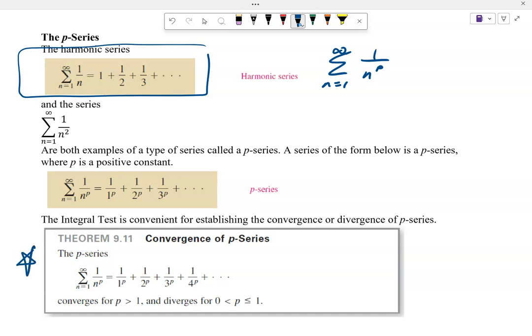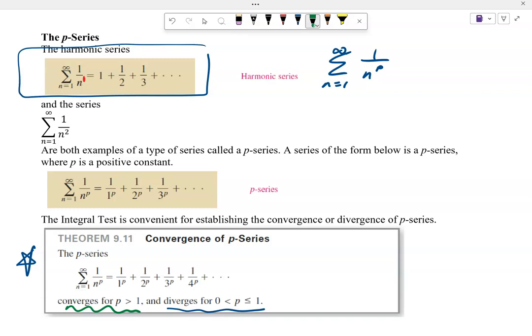And if your p is less than or equal to 1, greater than 0, it'll diverge. Just like this one, the p here is 1, right? So since it's less than or equal to 1, it'll diverge. And we showed with the table of values that it diverged, but very slowly. Otherwise, it'll converge if your p is greater than 1.